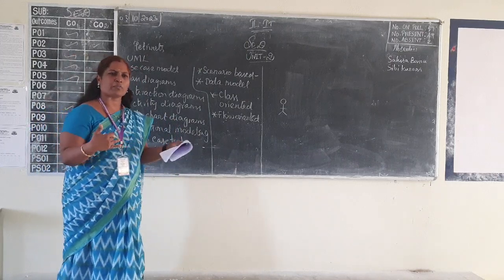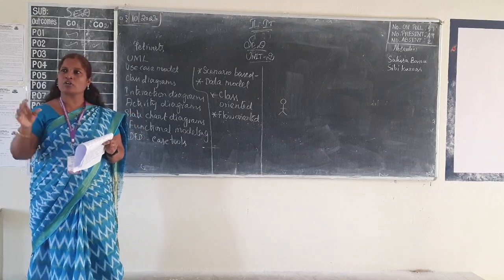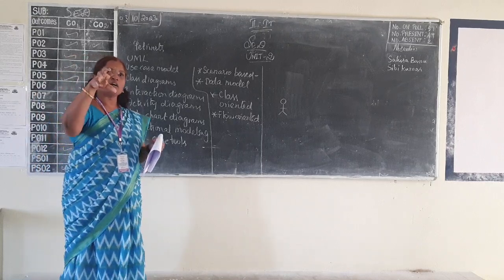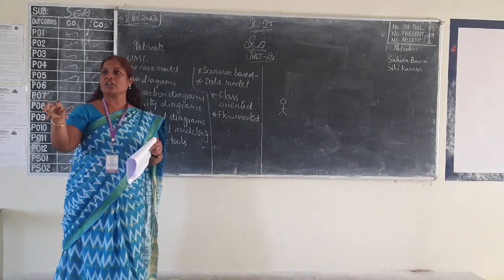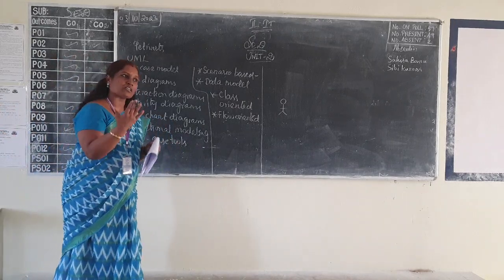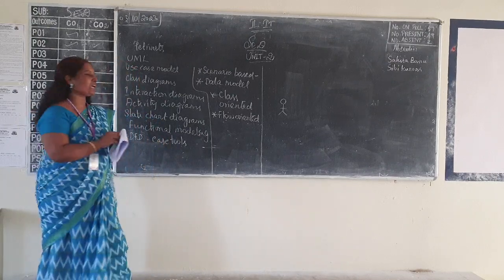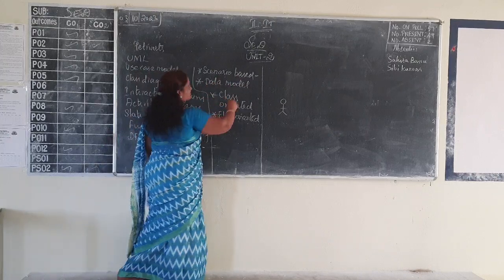Various problems will be there. Depending upon the problem, whoever is the main point or the center focus of that problem will be the actor. So based on the actor, the problem changes, and based on the actor, the modeling will be done, which we call the scenario based model.